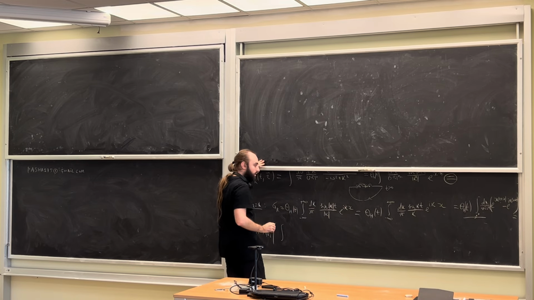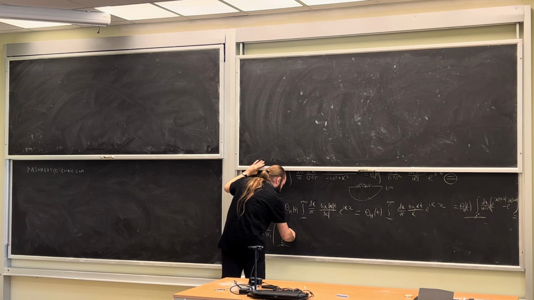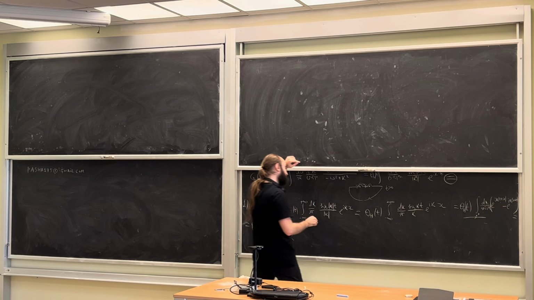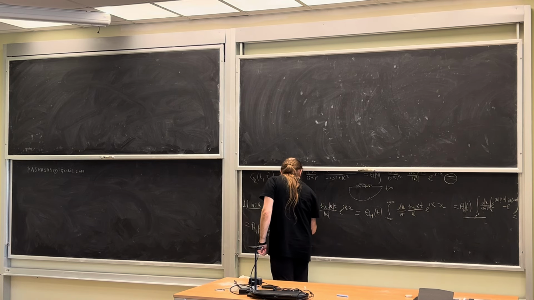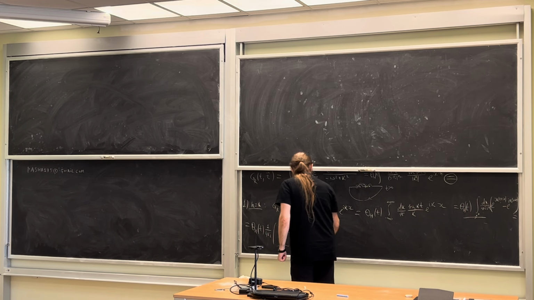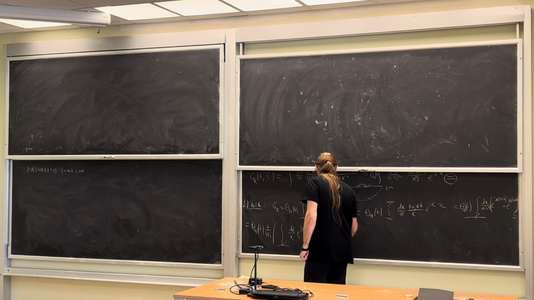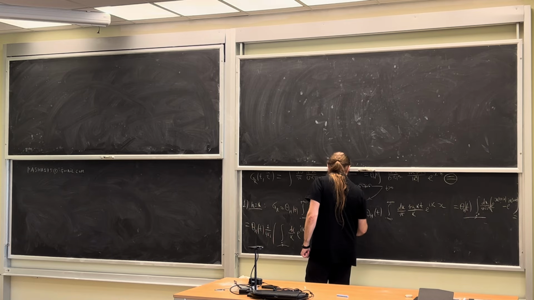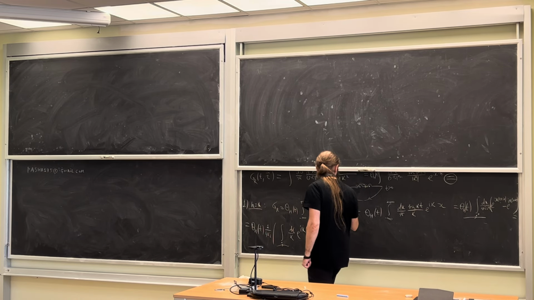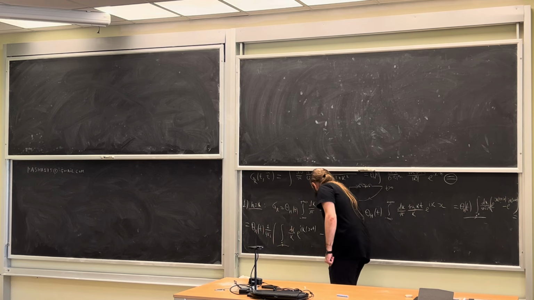So dk over k, e to the i k (x plus t), and this integral over the same contour.